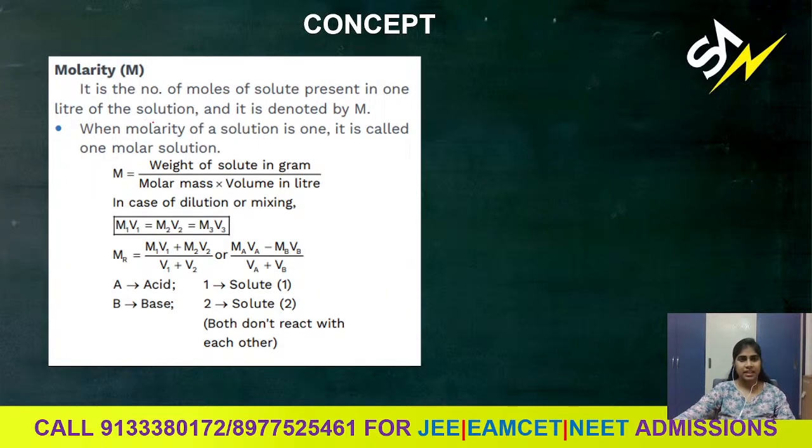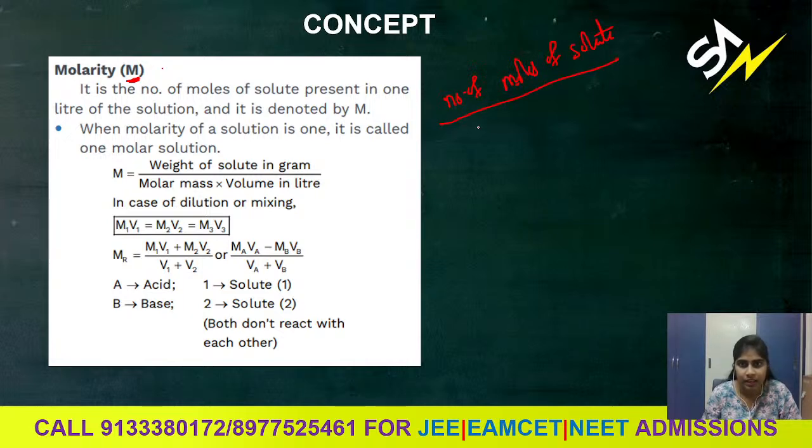And next, molarity. This is the main concentration term. What is meant by molarity? It is denoted by M. It is the number of moles of solute present in 1 liter volume of solution: number of moles of solute divided by volume of solution.